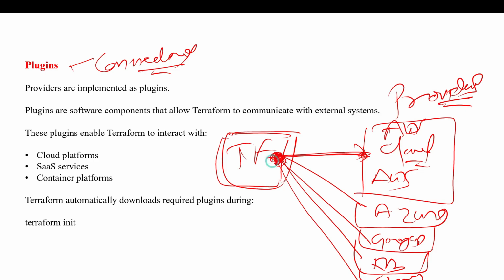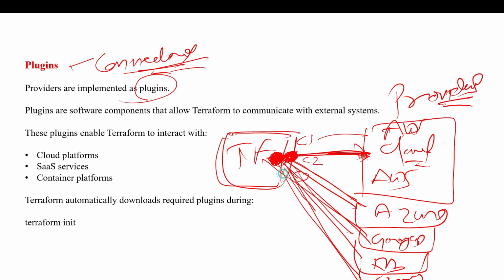So how can your Terraform connect to the different cloud service providers? With the help of plugins, which are also called connectors. Here you will have a connector for each and every provider. Suppose this is a connector C1 for AWS, a connector C2 for Azure, a connector C3 for Google, a connector C4 for the IBM cloud. Similarly, you will have a C5 connector for the Oracle cloud.